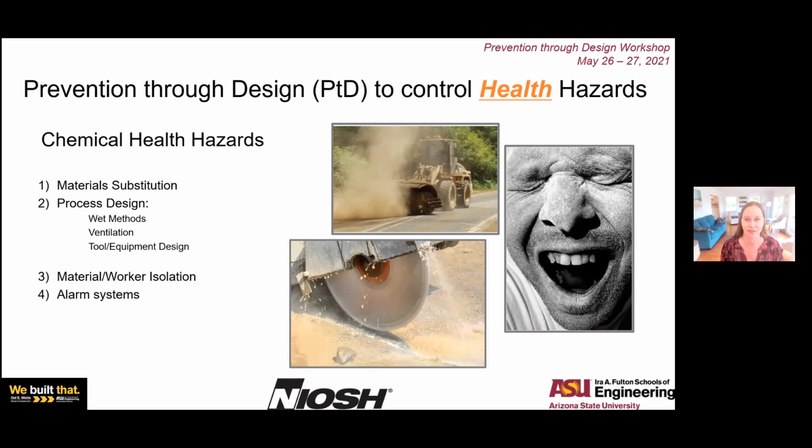As we see in the picture on this slide, that concrete saw is spraying water onto the concrete to reduce the dust generation. But then there are many different ventilated tools available on the market, or ventilated attachments, vacuum attachments to collect the dust that's generated, and other ways of designing the tools to reduce the risk.